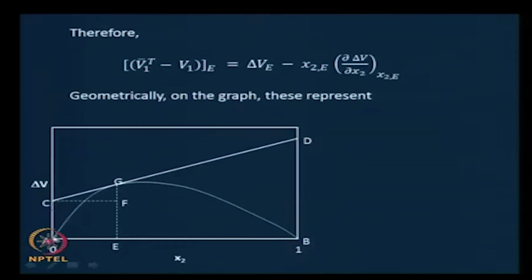The intercept here, Ca, would give us the difference between V1 hash, the partial molar property, and the molar property at 1, and since you know the molar property at 1, you could find the partial molar property. And similarly you could do it for the other, V2 hash for a binary system, in terms of this other intercept dB.